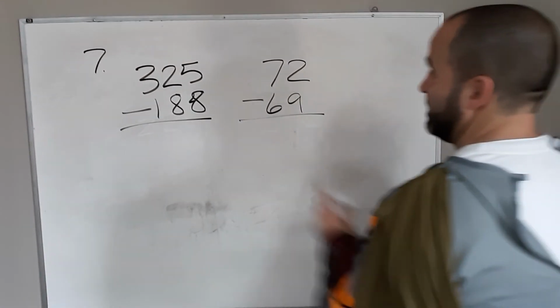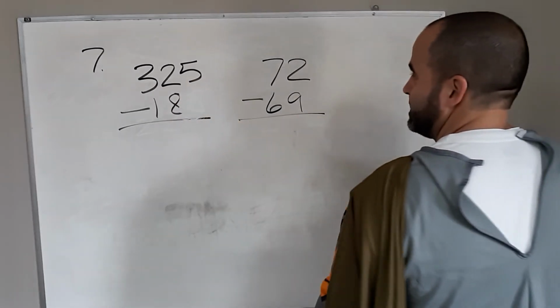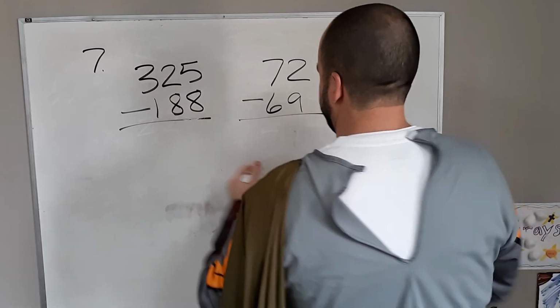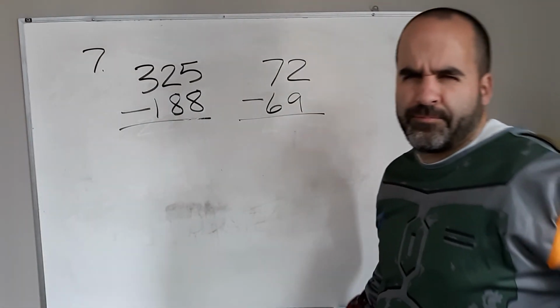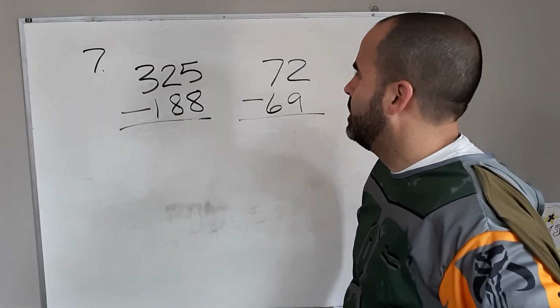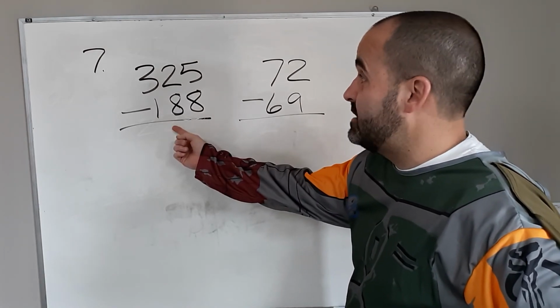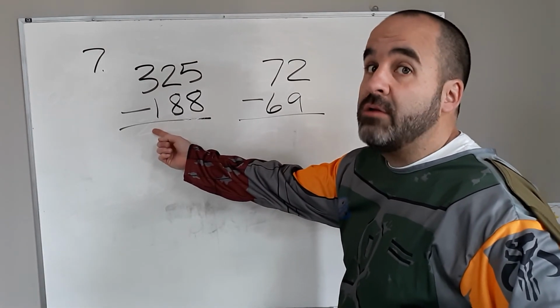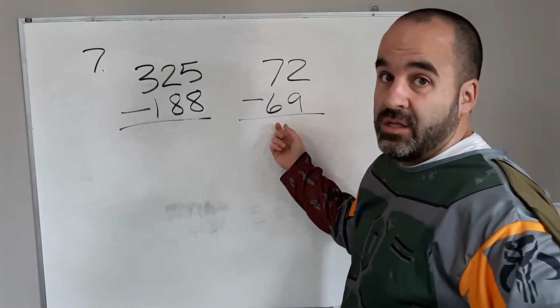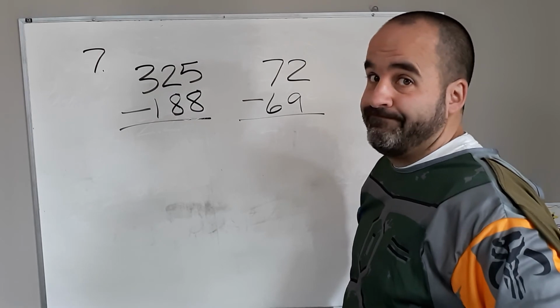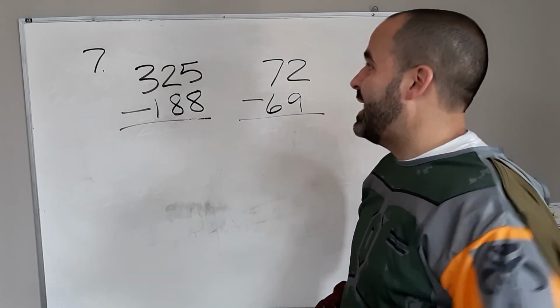Well, first of all, Mr. Duncan writes sloppy when he writes 3-digit numbers, I guess. How is that different? Yeah. On this one, you might have to borrow from the tens, or you might have to borrow from the hundreds. On this one, you might have to borrow from the tens. Is there any hundreds to borrow from? Nope, there's not. So that's the big difference.